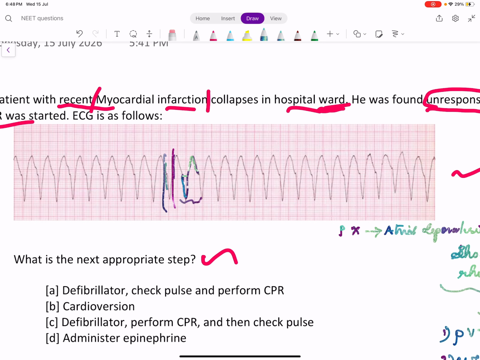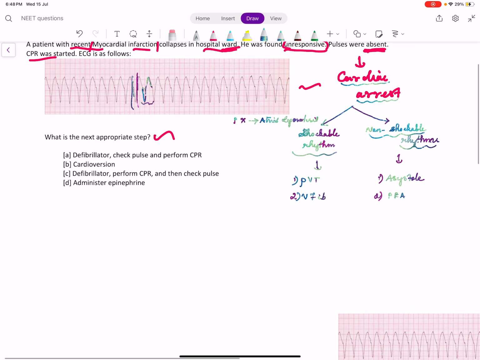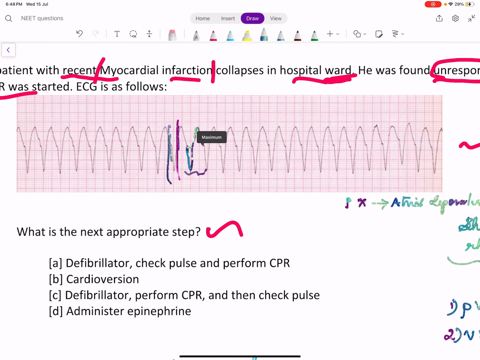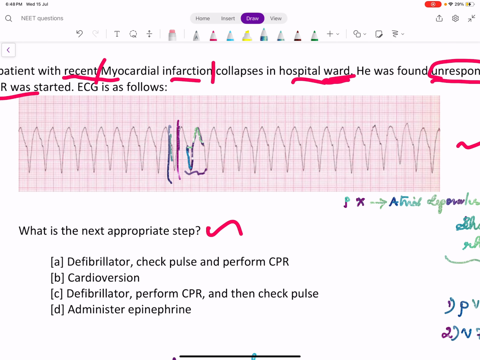This entire wave. So definitely this is a wide complex and this is tachycardia, right?